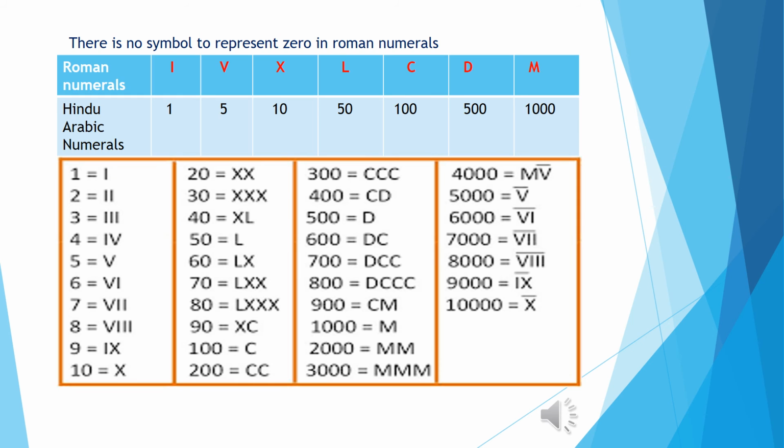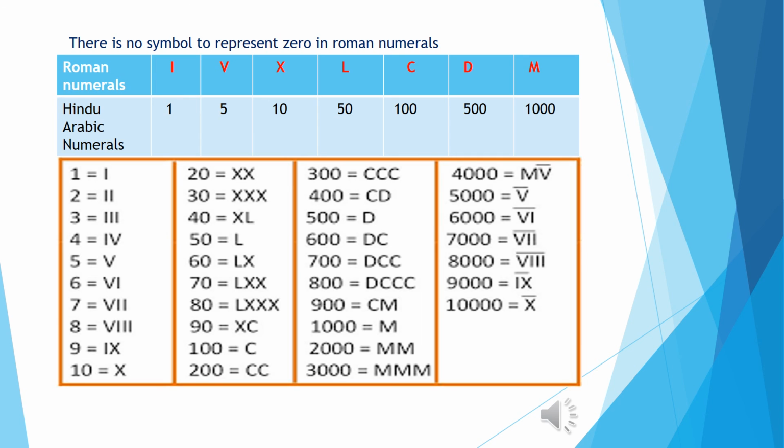If you see the below table, the numbers are written in Roman numerals from 1 to 10,000. 1, 2 and 3 are written by I, 2 I's and 3 I's respectively. 4 and 9 are written by V and X preceded by I. The numbers 5, 6 and 7 are written as V followed by 0, 1 and 2 I's respectively, and 10 is written as X. Now the numbers from 20 to 90 follow the same pattern with the letters X, L and C. The numbers from 100 to 1000 follow the same pattern using the letters C, D and M.